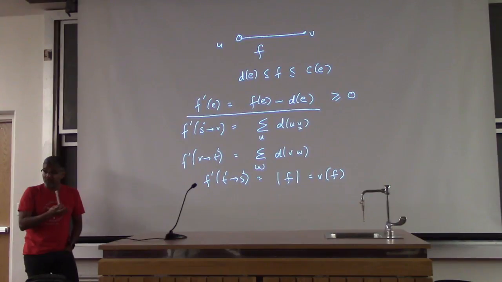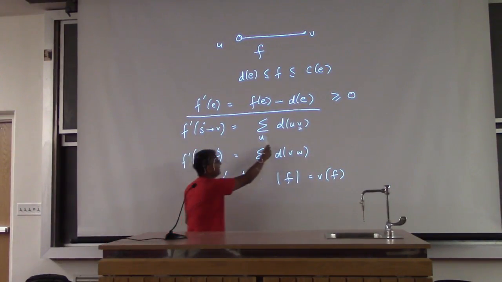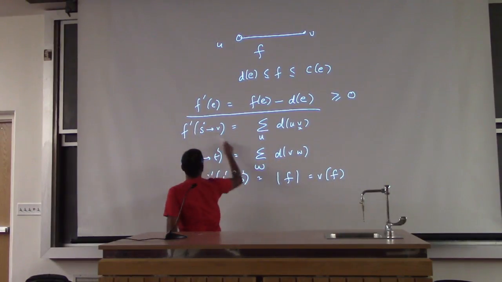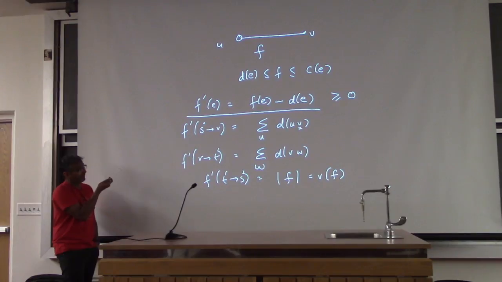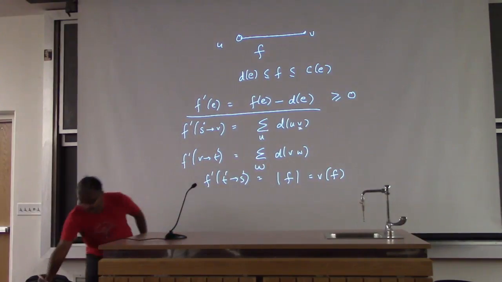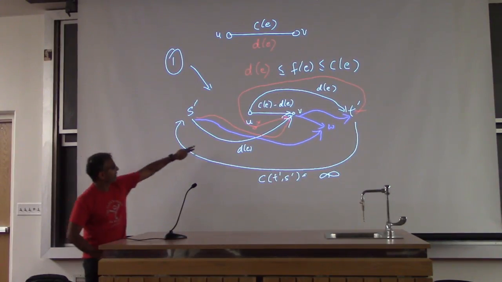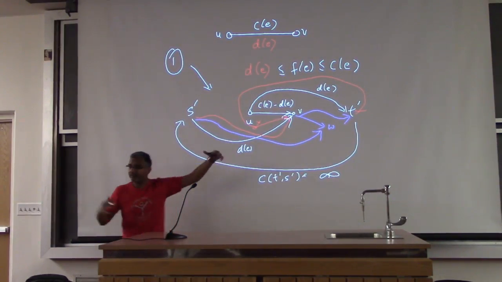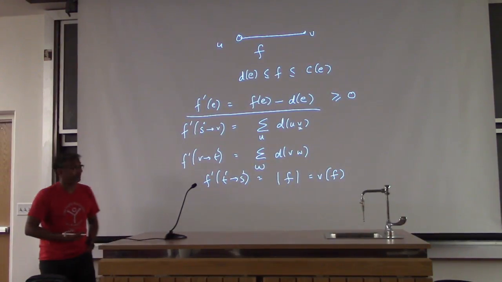If this flow is in fact a feasible flow, then it guarantees that my flow is saturated, because this is the total capacity coming out of the new source, which is the sum of all the demands, because of what we saw earlier. If you added the blue and the red, or the white and the red, those are the two different demands coming in. So all we have to show now is that this flow is in fact feasible.